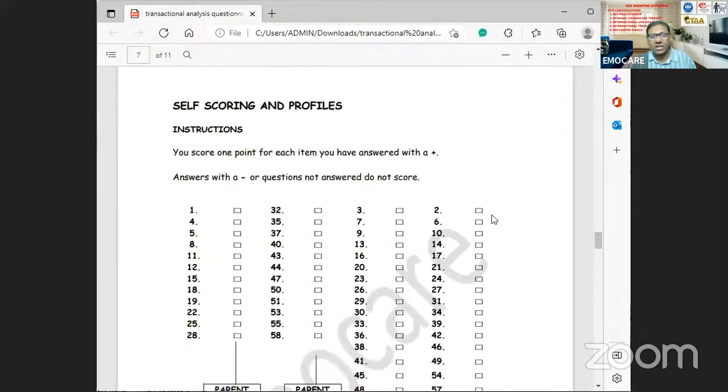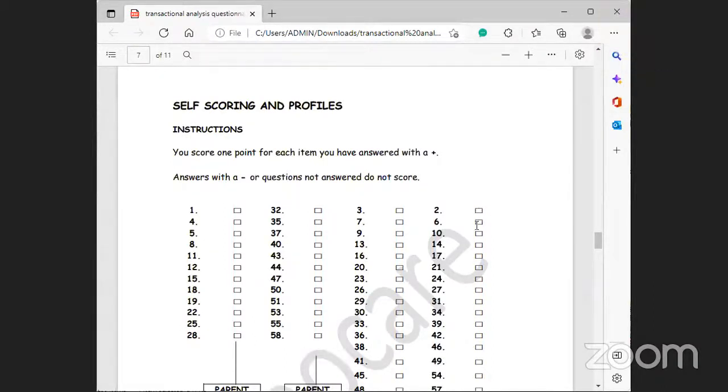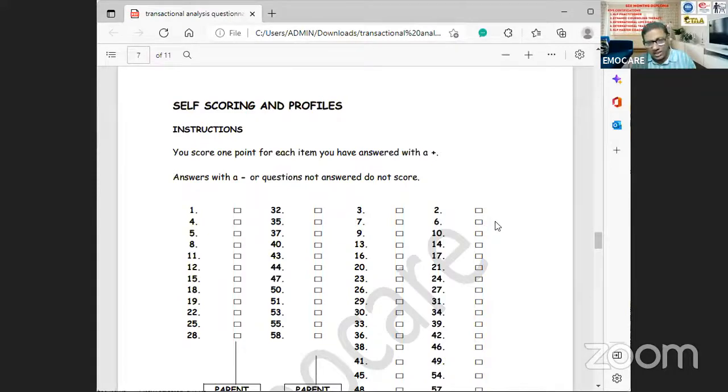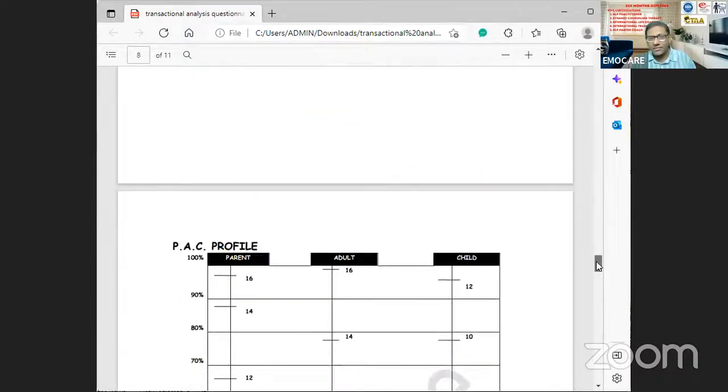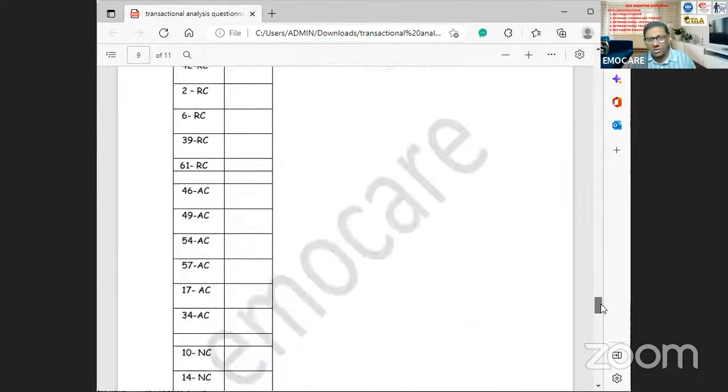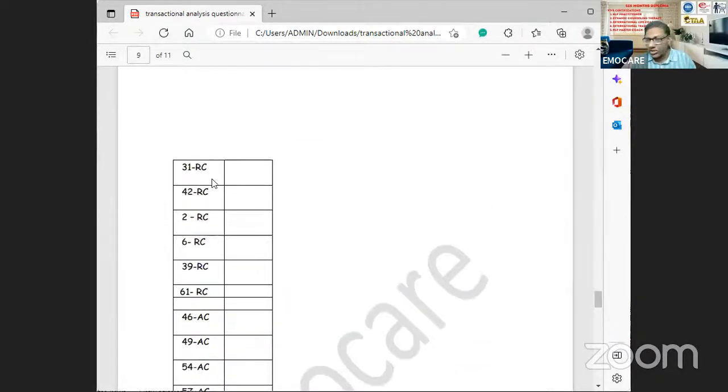Do this too. If you have given plus, put 1 point. 6 minus, leave it. Put the total here. Now come down. Question 31, what have you given? True or false?